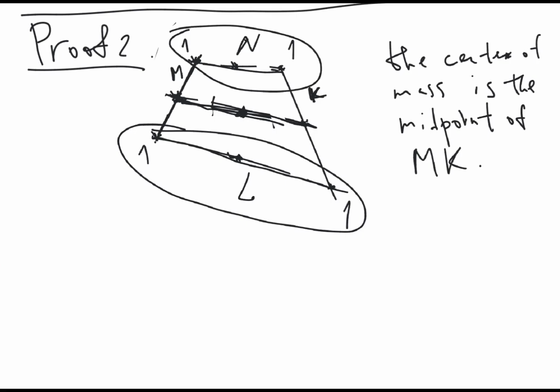Then the center of mass of these 2 would be at point N, and we replace these two masses of size 1 with a single mass of size 2 at point N. And similarly for these two, we replace them with a single mass of size 2 at point L. Let's remove this segment.